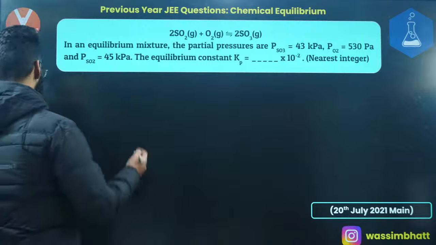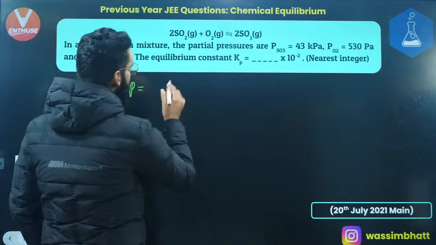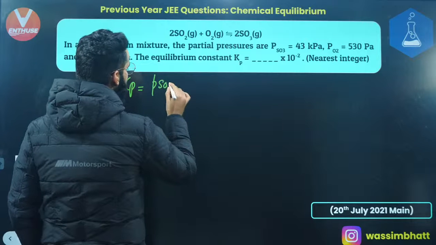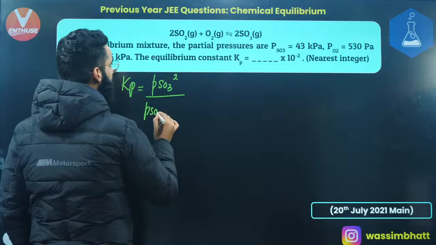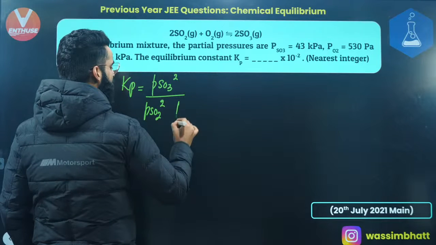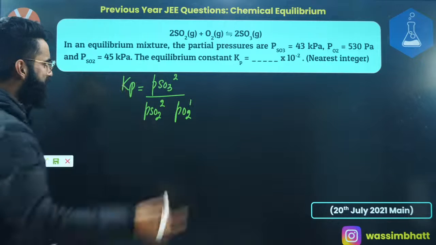Have a look. First of all, the Kp expression is going to be equal to partial pressure of SO3 at equilibrium raised power 2, divided by partial pressure of SO2 at equilibrium raised power 2 multiplied by partial pressure of O2 at equilibrium raised power 1. We are supposed to calculate the value of Kp.